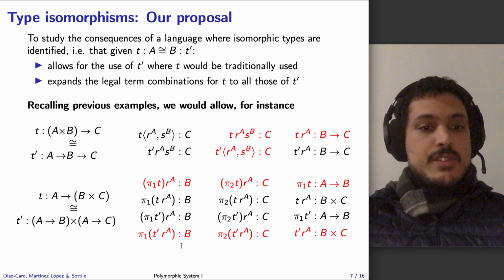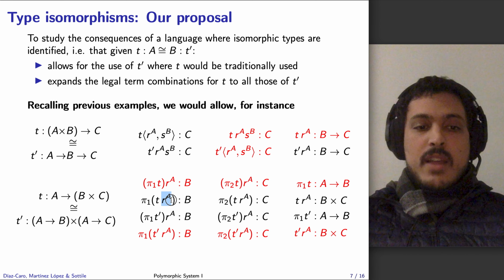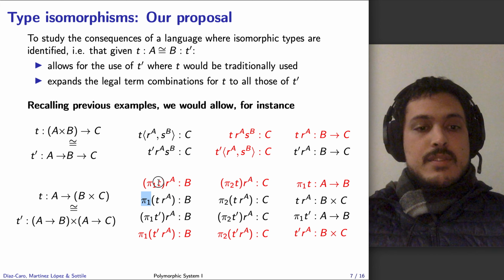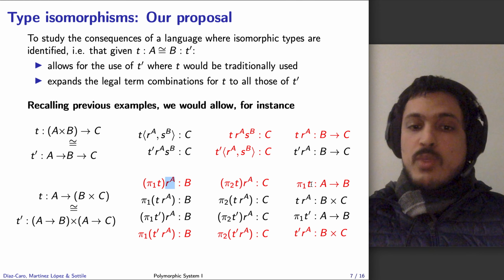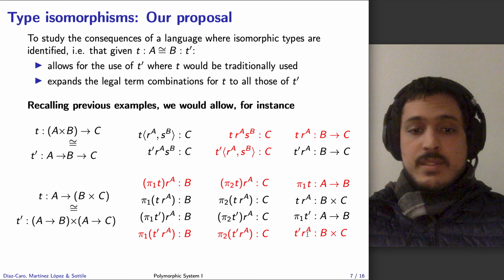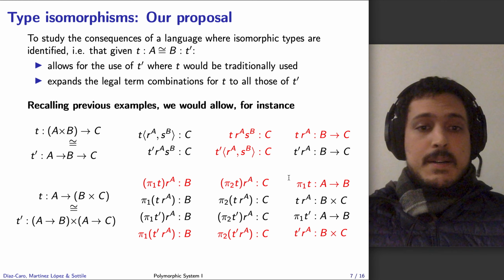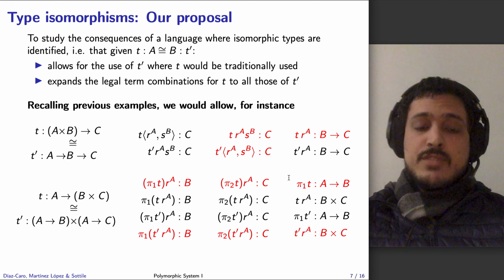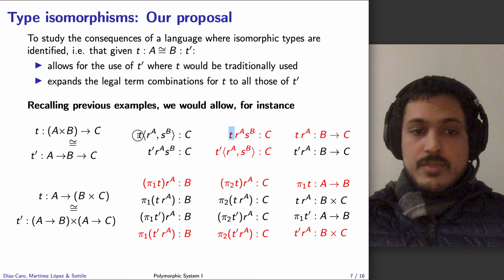And about the distributivity of the arrow with respect to the product, we want the same. We have this function that needs to be applied first and then projected, and we want to be able to project it and then apply it, and of course we want to be able to just project it. And we know this is safe because of the type isomorphism, because we know how to transform, for example, this term into this term.